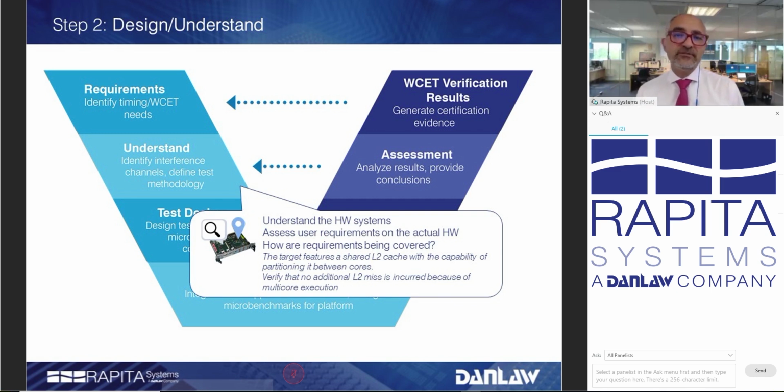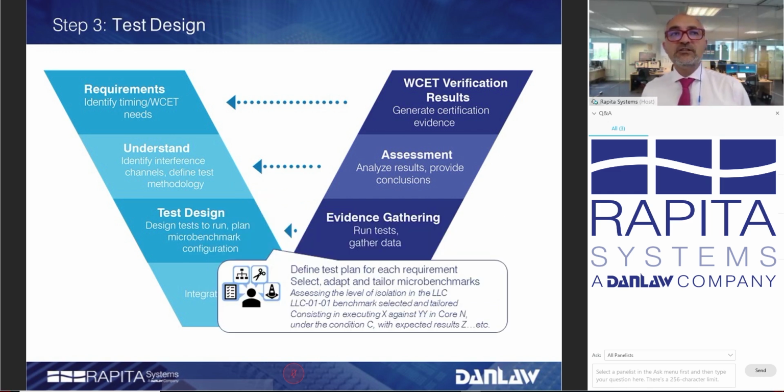First, where are my potential interference channels? What are the risks if an application uses that interference in a way that is not expected? So the next part is, once you understand what you are doing and why you're doing it and what you are facing, so the beast of the hardware you try to analyze, then you can carefully design some tests to provide evidence to satisfy these assumptions.